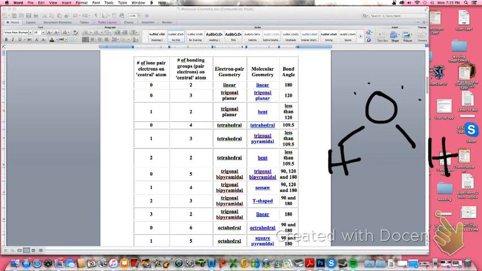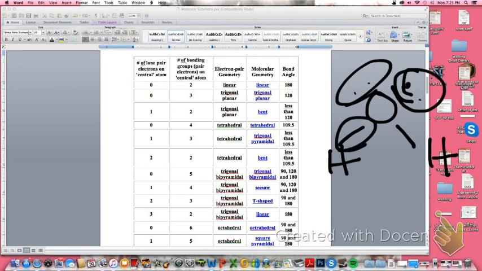Now, if we look at this, we notice that we have 2 lone pairs around the center atom. Okay, and then we have 1 and 2 bonded pairs around the center atom.